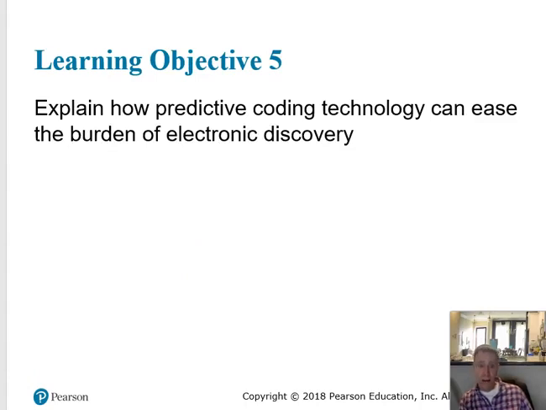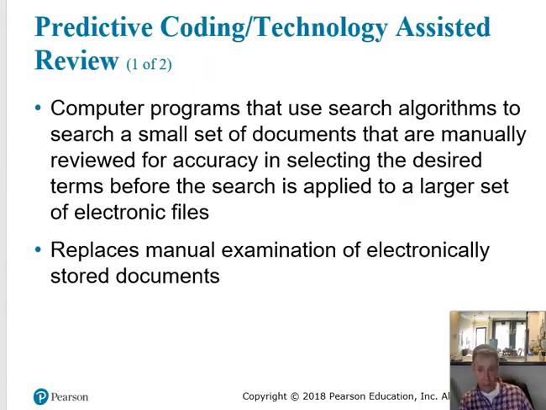Learning objective 5: explain how predictive coding technology can ease the burden of electronic discovery. This is technology-assisted review, where you take a small group of documents and experiment on those with search terms to see what they're finding for you. So it's computer programs that use search algorithms to search a small set of documents that are then manually reviewed for accuracy, and then in selecting the desired terms before the search is applied to a larger set of electronic files.